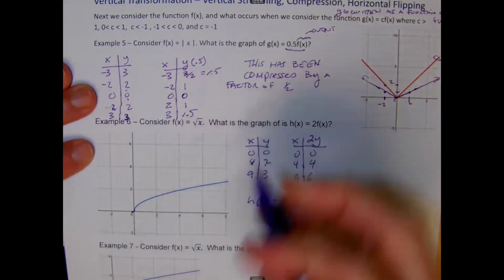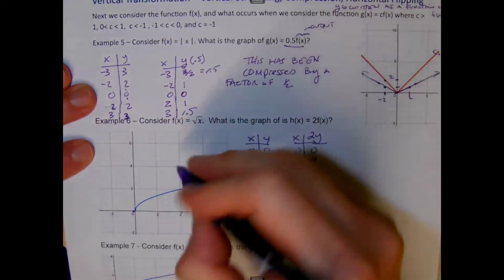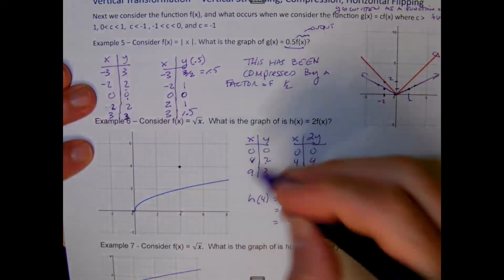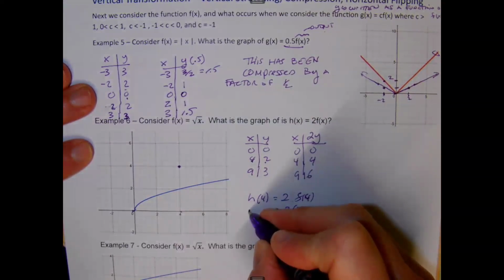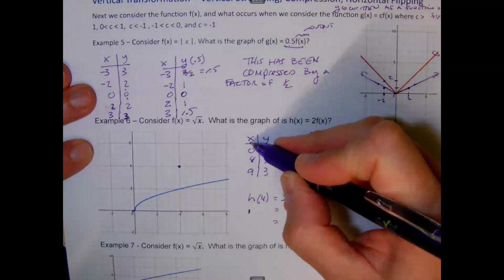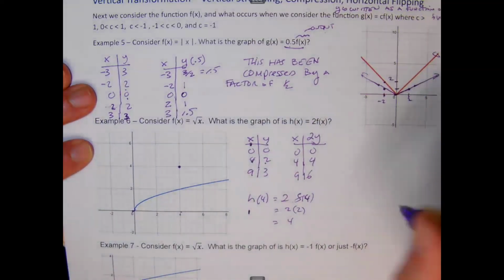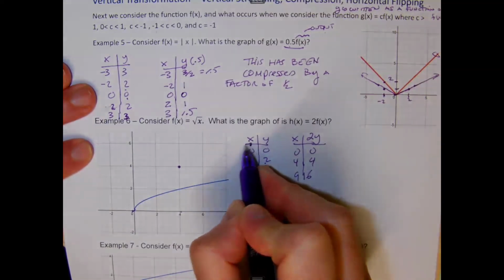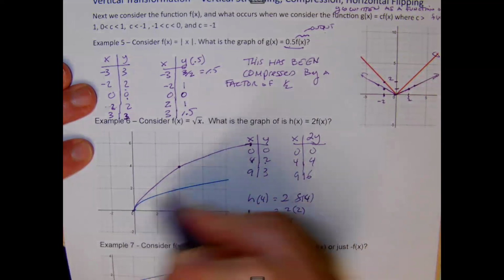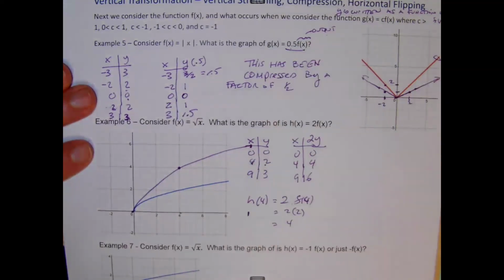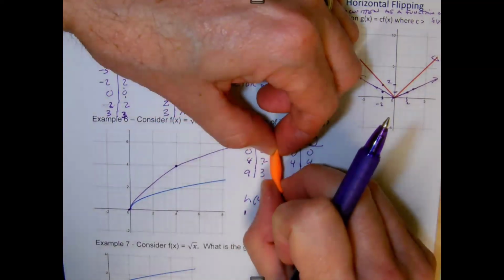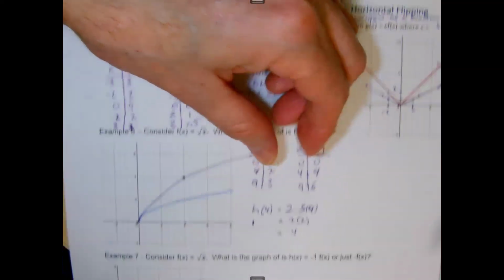So now 0 stays at 0. 4 has now doubled to 4. 9 has now gone all the way to 6, which is way up here. Okay. So if I were to graph this, it looks something like this. So it looks like now, instead of compressing, what we've done is stretch this thing. We've stretched it by double its amount.